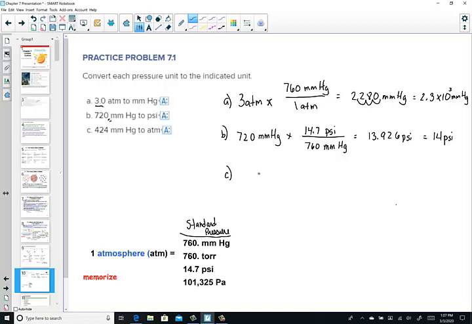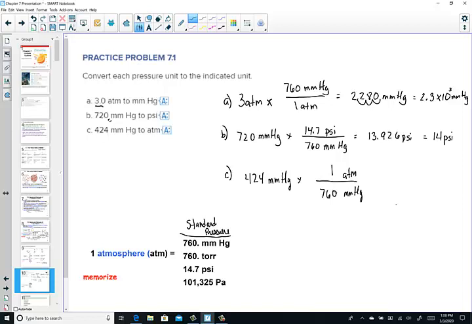And how about your letter C? 424 millimeters of mercury. This time we want to convert into the atmosphere given the millimeter mercury. We know the equivalent values, that 1 atmosphere is the same as saying 760 mmHgs.